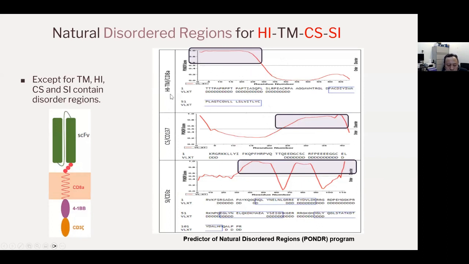This is the hinge and transmembrane part. The transmembrane part is an ordered part, helices, but this hinge is a disordered part. For the co-stimulatory domain, a large portion is disordered, and for the signal domain, a large portion is disordered. So we have to use other methods to generate the starting structure.